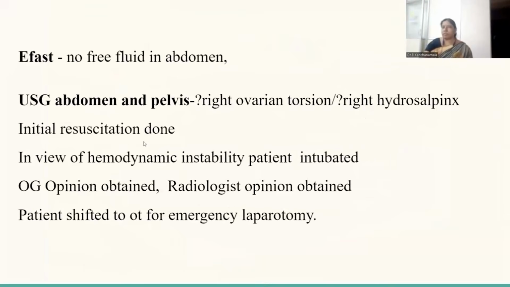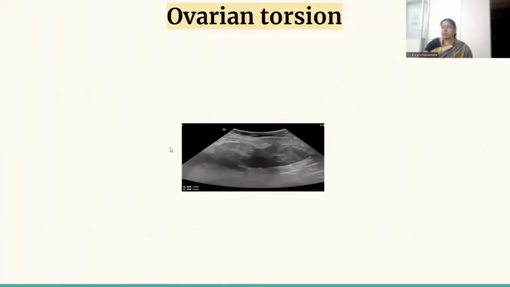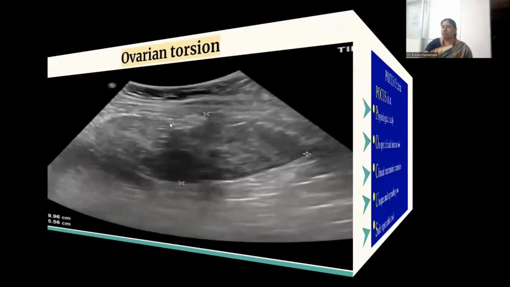On eFAST, there was no free fluid in the abdomen. Emergency POCUS showed suspected right ovarian torsion. In view of the hemodynamic instability that occurred soon, the patient was intubated and shifted for emergency laparotomy. Intraoperatively, there was ovarian torsion. So this person also did well.